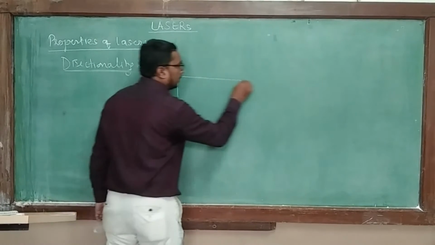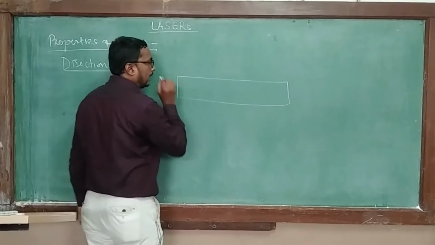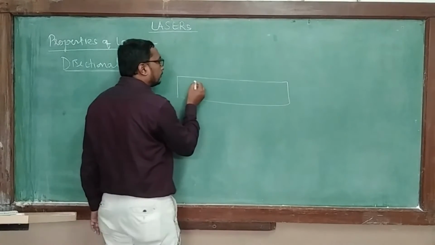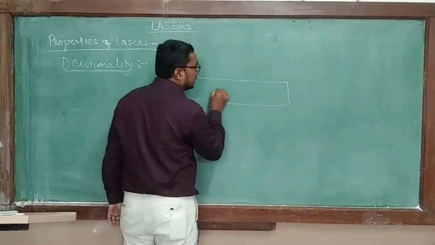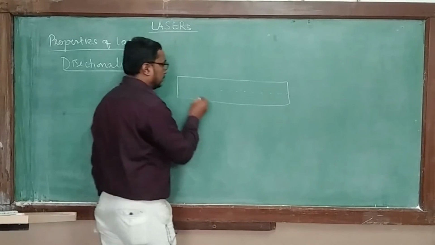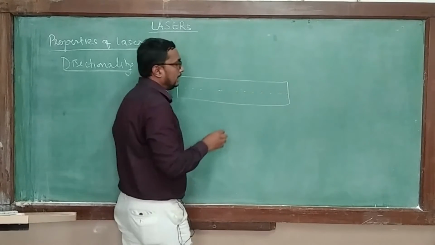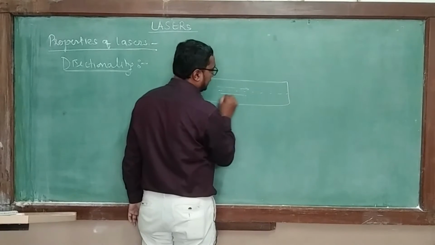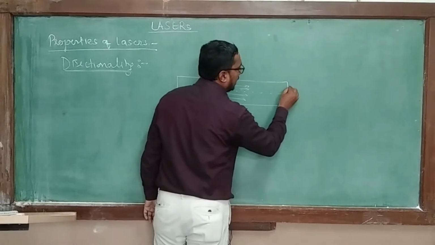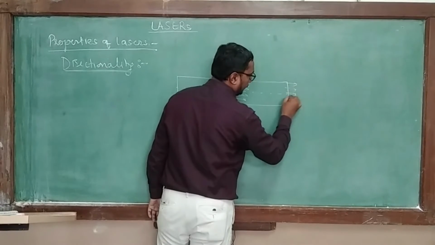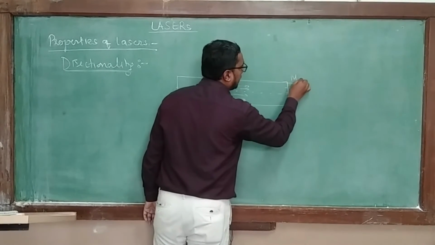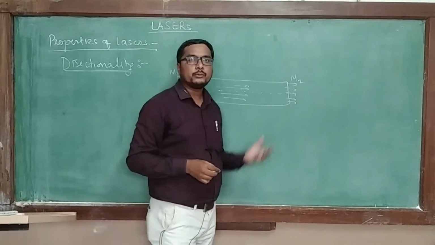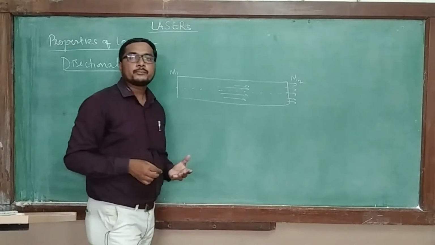Our active medium is placed inside the cylindrical cavity, and this is the axis of this cavity. Light that is coming parallel to the cavity axis, only that will be passed through this output mirror. So this is the output mirror. Let's say this is M1, M2. There are two mirrors in the laser cavity that we will see in detail in the next lectures.